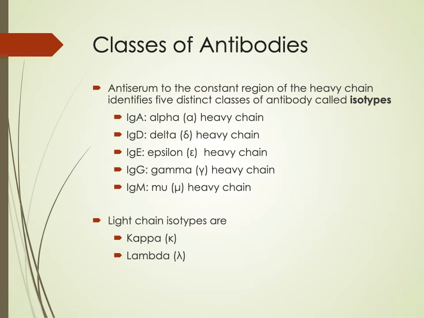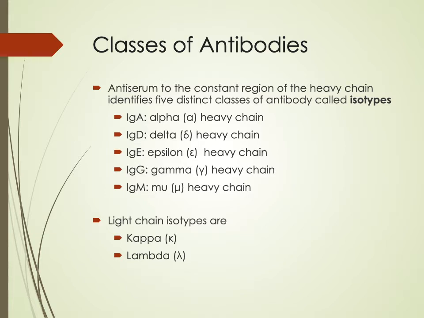I had alluded to class switching in the last chapter. Class switching refers to switching at the heavy chain. So a B cell can switch the heavy chain that it's producing, and go from producing IgMs to IgGs.